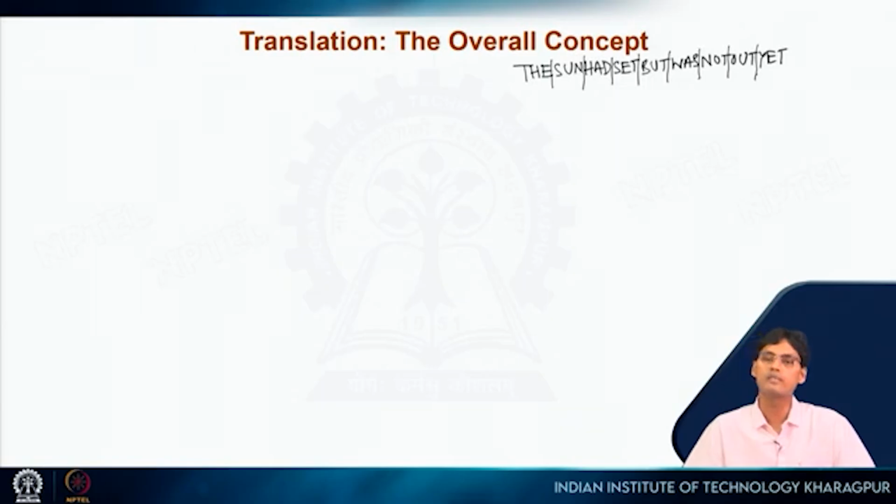So similarly, if we decode the information present in a gene, in the intermediate stage it will make the RNA, particularly mRNA, the messenger RNA, and then after translation we will get some meaningful product. Just as I showed here, the sun had set but was not out yet.